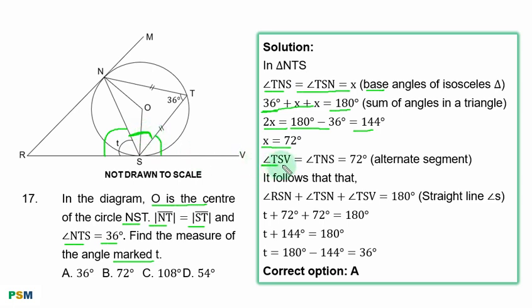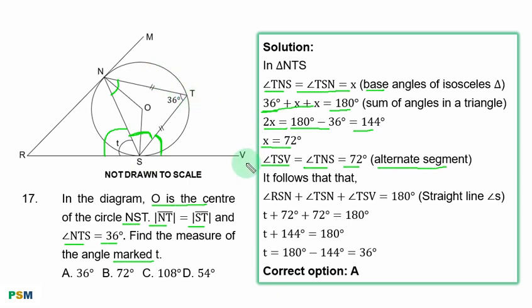Angle TSV is equal to angle TNS equal to 72 degrees, alternate segment. This angle and this angle, they are equal. Angle TSV is formed between a tangent and a chord, and as such it is equal to the angle in the alternate segment.